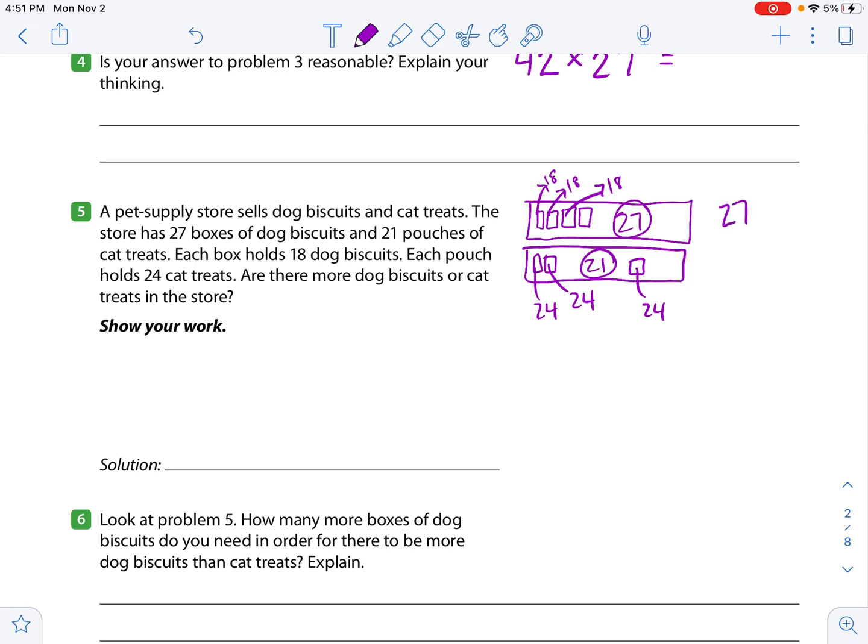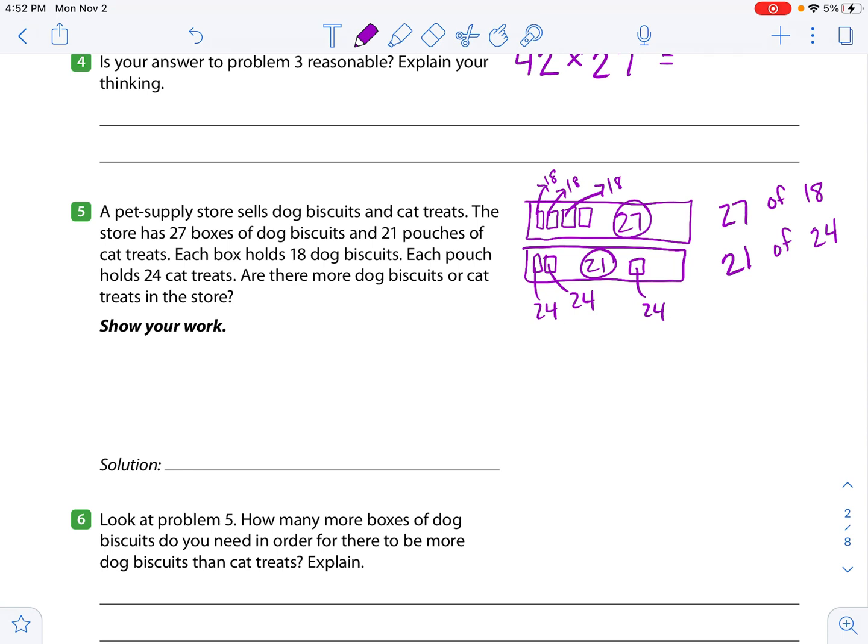So I've got 27 boxes of 18, and I've got 21 boxes of 24. So boys and girls, that's like 18 plus 18 plus 18 and so on, 27 times. And 24, 24, 24, and so on, 21 times.